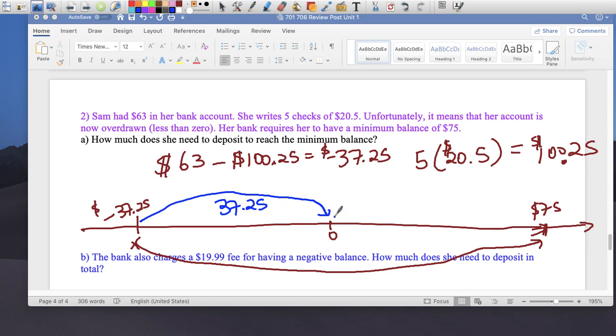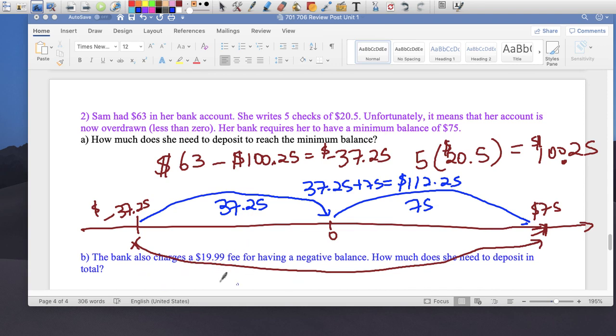And then she has to put another $75 in the bank. So the total would be these two numbers added up: 37.25 plus 75 is $112.25. That's how much money she has to put in the bank.